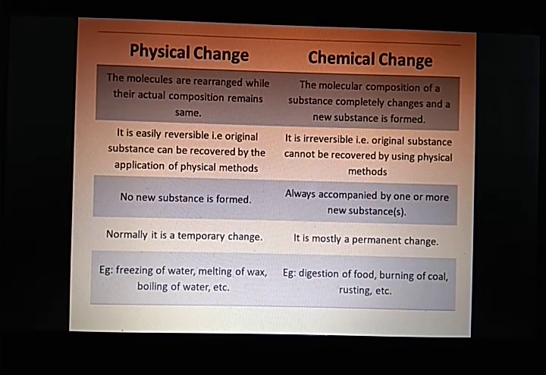By the application of physical methods, almost all physical changes can be easily reversed, and hence the original substance can be obtained back. But a chemical change is an irreversible process. In chemical changes, the original substance cannot be reversed back by using physical methods.